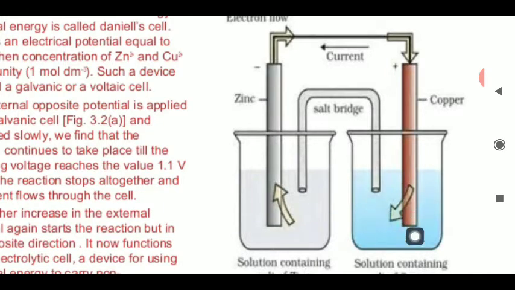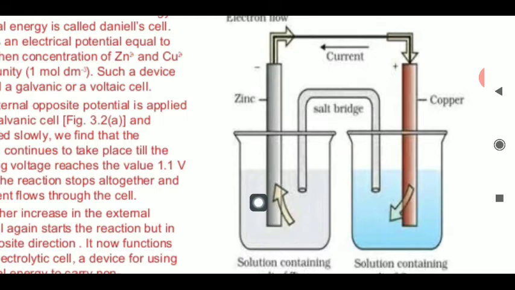At this site, to overcome the sulfate ion concentration, the Na positive ion comes from this side to this side. It combines with the sulfate ion and forms sodium sulfate. So in this beaker the zinc ion concentration is overcome by the chloride ion, and in this beaker the sulfate ion concentration is overcome by the Na positive ion.